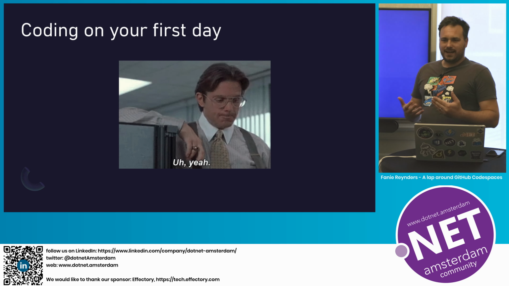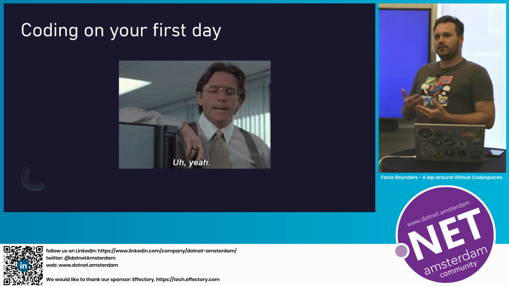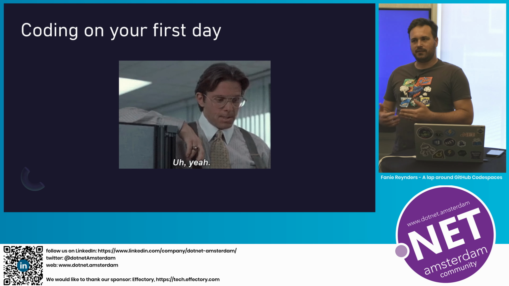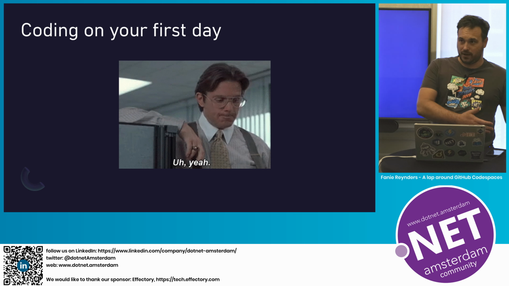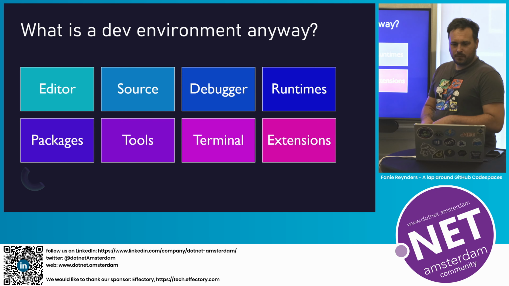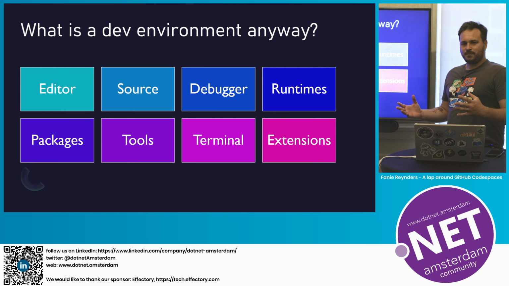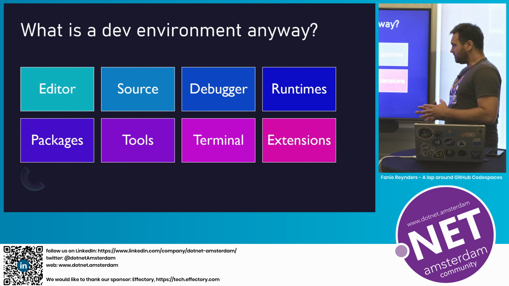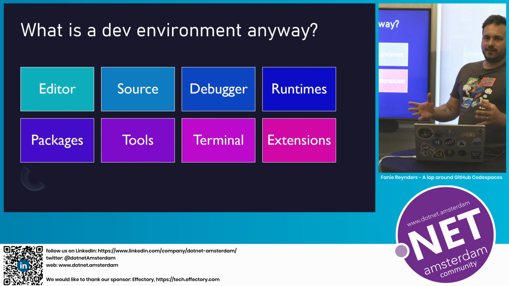So in hindsight, how can we get to quicker turnaround times to get the developer doing what it does best, coding, and produce value, right? And if we look at a dev environment, there's a lot of things. It's not just an editor, right?